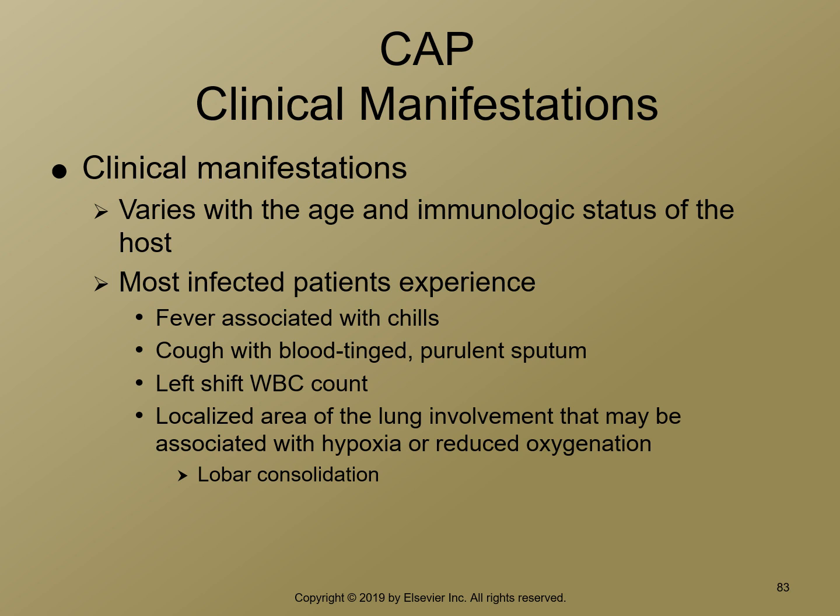They experience productive cough of purulent sputum that may be blood-tinged. Chest exam and radiographs typically show a localized area of lung involvement described as lobar consolidation. Routine laboratory studies will usually show an increased white blood cell count and neutrophilia with an increased percentage of immature forms of granulocytes, known as a left shift.